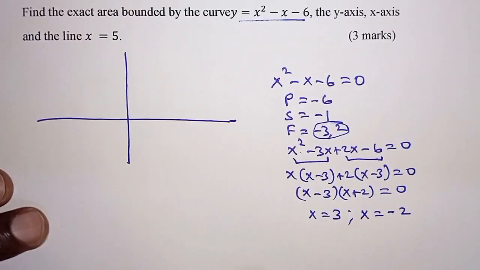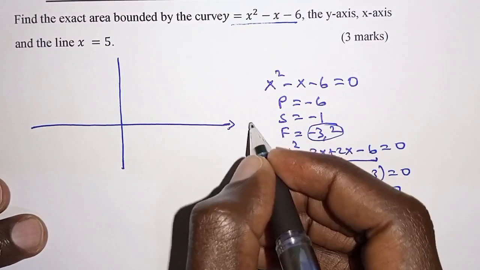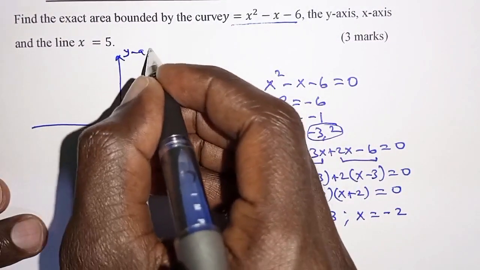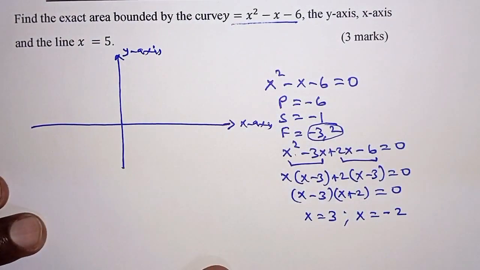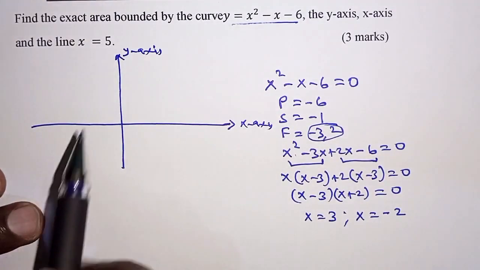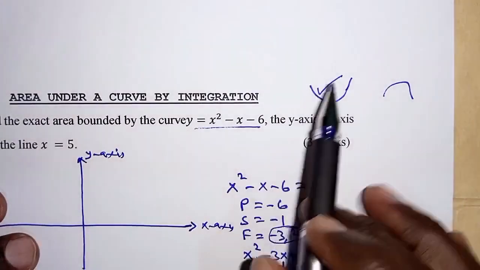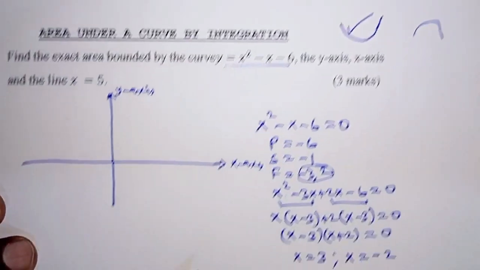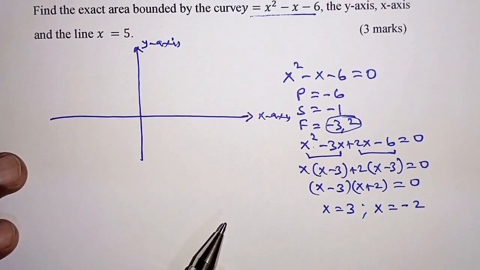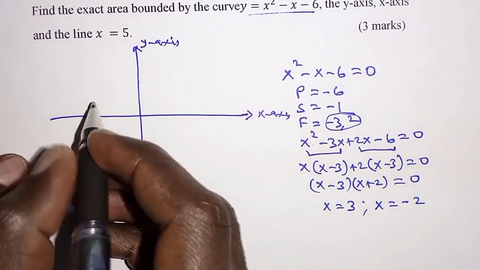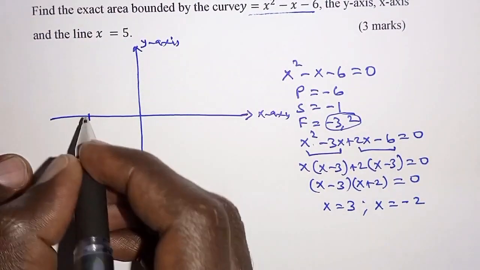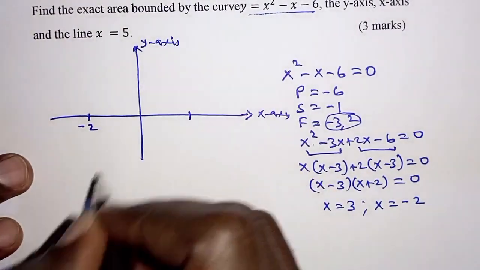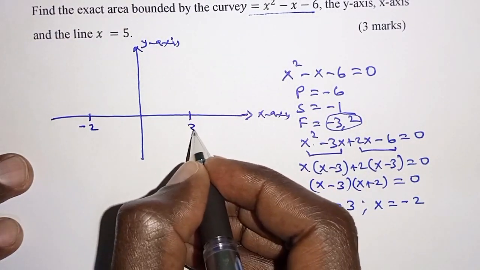So coming to the graph, remember if we have this as x-axis and this as the y-axis, we're just interested in the x-intercepts. Remember, we'd already determined that the nature of the curve is as shown. The coefficient of x squared is positive. So we'll have the first x-intercept on this side, negative 2, and the other one, this side, positive 3.